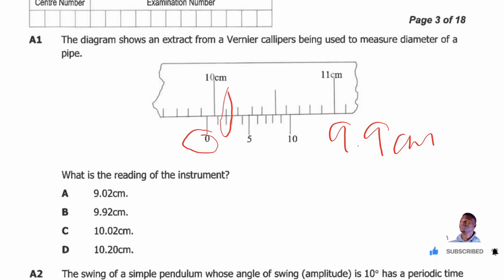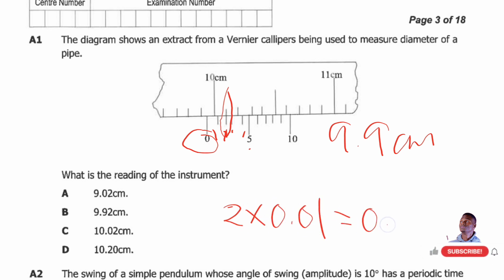So this is 0, 1, 2. If you continue, this will be 3, 4, 5. So this is 2. We multiply 2 times 0.01, and the answer is 0.02 centimeters.